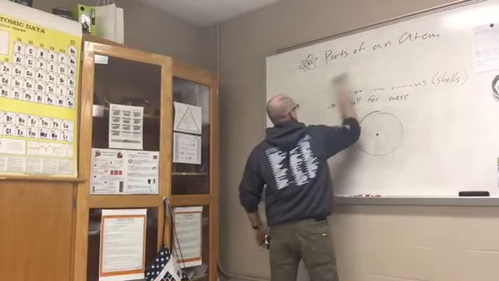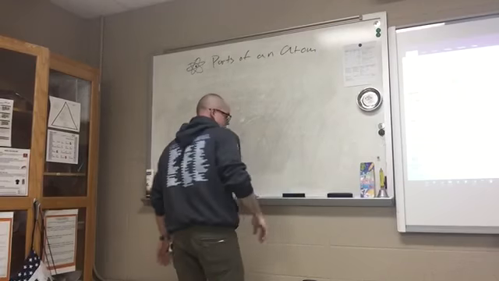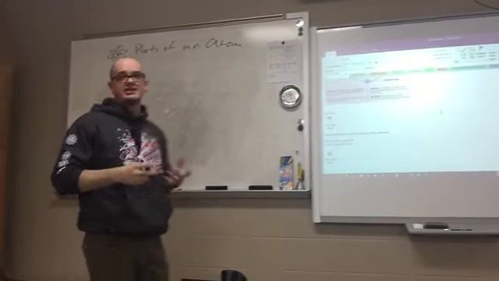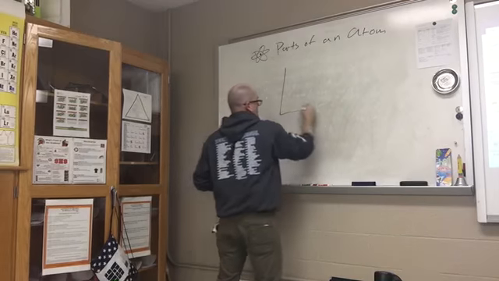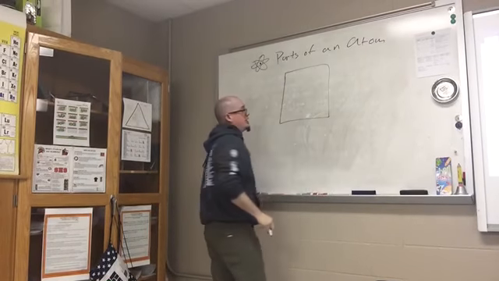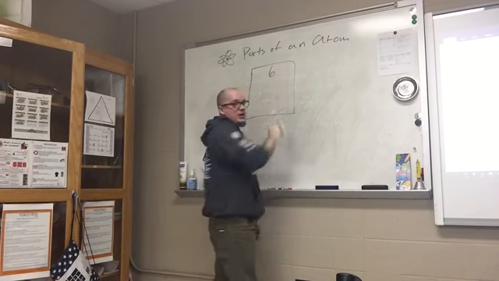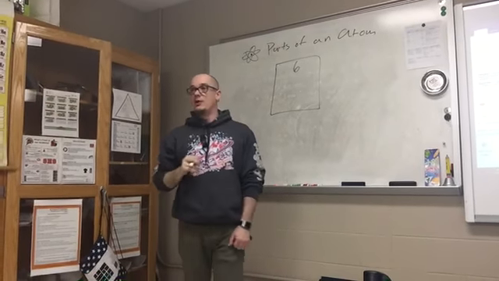You're going to want to write this down in your notes, guys. Every atom is going to have a couple of important things that are listed on your periodic table. Each element is going to have a box on the periodic table that looks like this. At the very top is going to be a solid number. Yes, draw what I'm drawing and write what I'm writing.